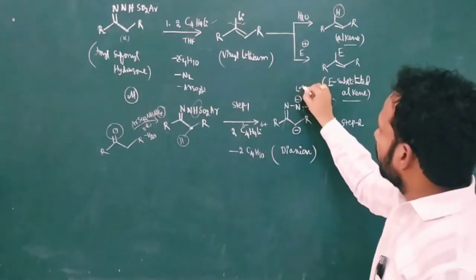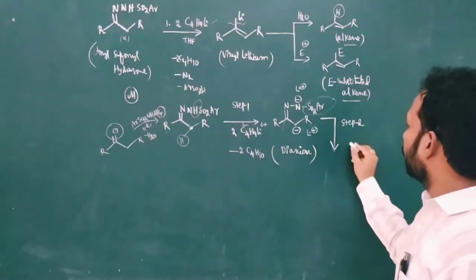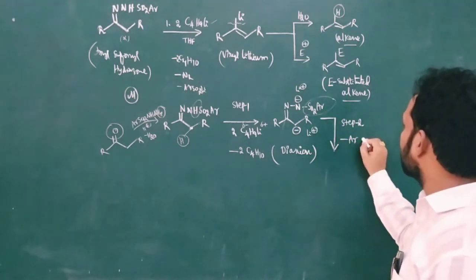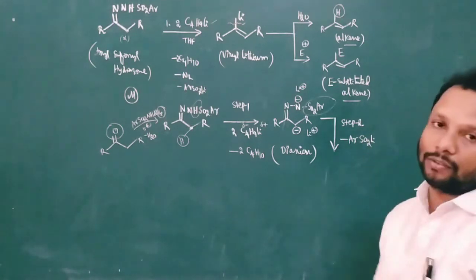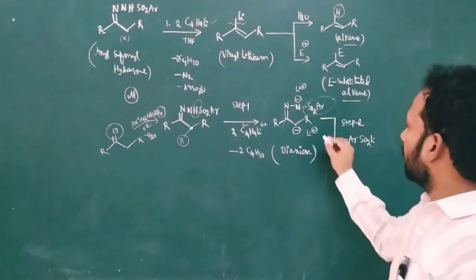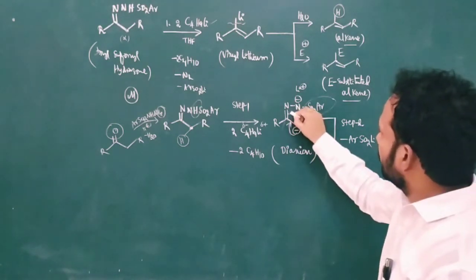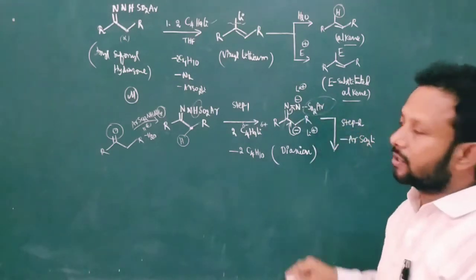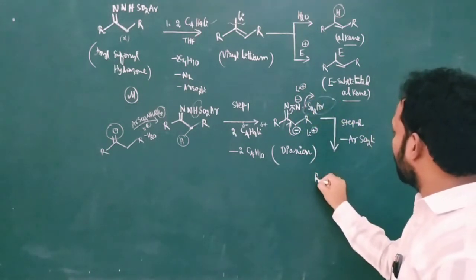I will show you how the aryl sulfonyl group is removed from the dianion. Here the aryl sulfonyl group is a very good leaving group. That is why it is removed very easily from the dianion. So the negative charge comes like this, this pi bond comes like this, and finally the aryl sulfonyl group is removed.